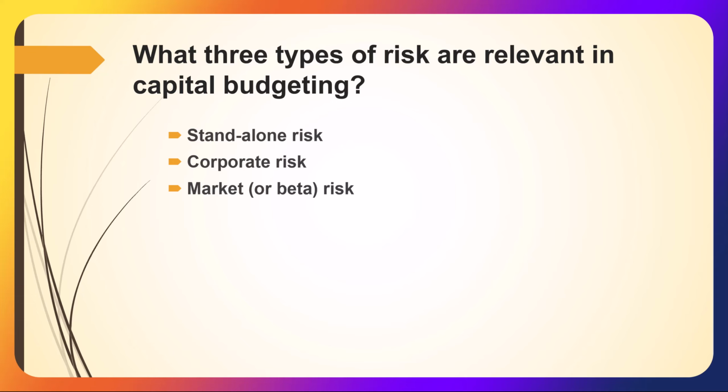So while market risk is theoretically the most important, corporate risk is often the practical focus that we want to place it on. And the challenge is that is sometimes difficult to do. So each type of risk may suggest different decisions based on shareholder perspectives.